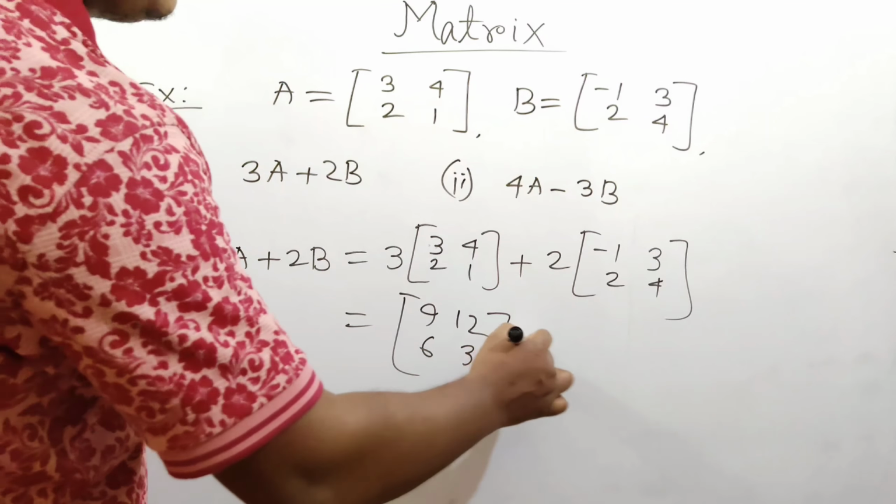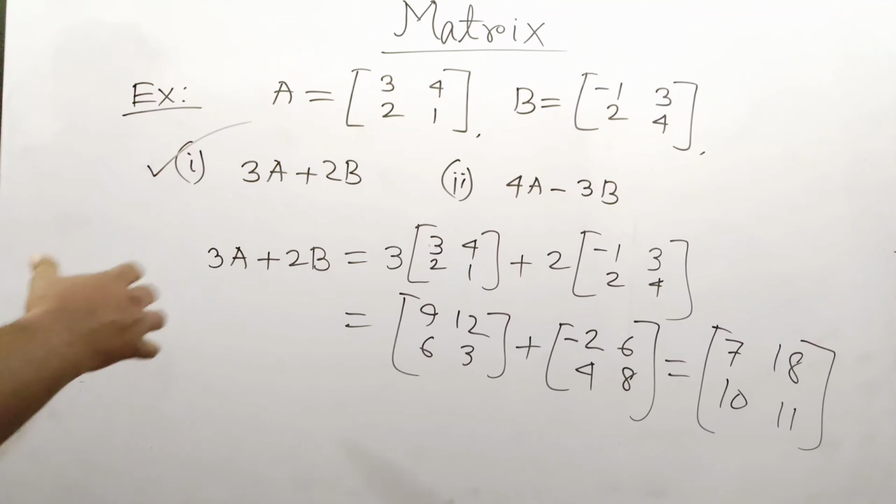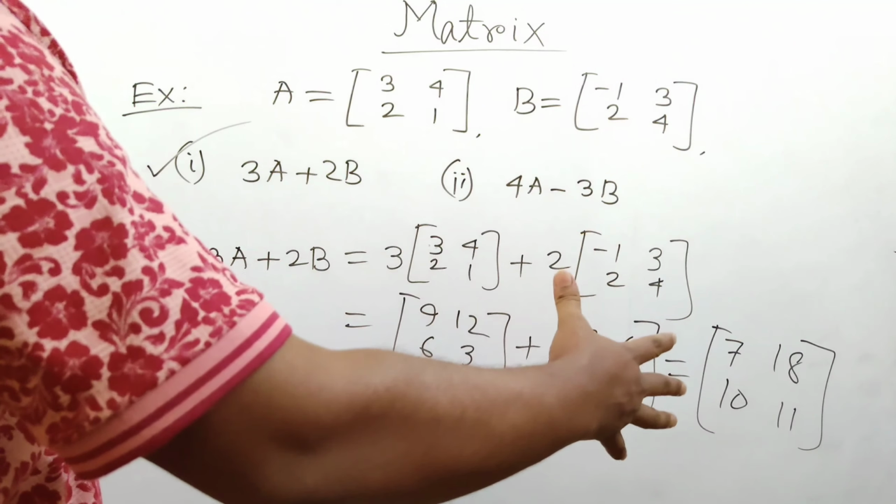Now if you do the addition, 9 minus 2 is 7, 6 plus 4 is 10, 12 plus 6 is 18, and 3 plus 8 is 11. So this is the answer number 1. In that way you can easily solve any problems like that.